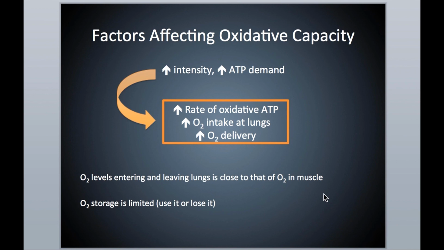And there's also a very, very small amount of oxygen that's actually stored. So any calculations that we might do in a lab setting are going to have a very, very minute error because there's some stored oxygen, but it's so small, it's really not going to be a problem in any calculations.